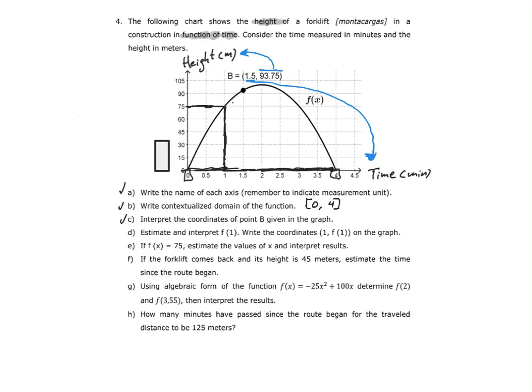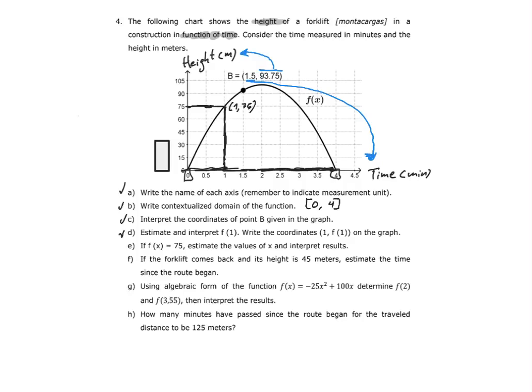So the coordinates of this point are (1, 75). And we also have to interpret that. 1 is the time, so after 1 minute, the height of the forklift is 75 meters.